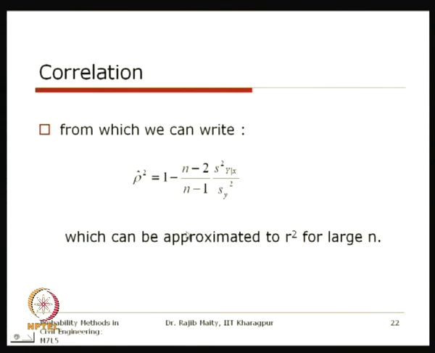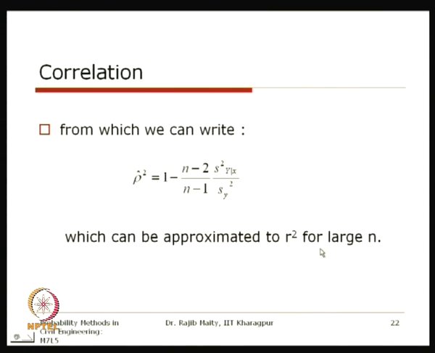This is the final expression that we get, which can be approximated. So, for large n, or for any n if we consider this factor to be multiplied, this can be approximated to r square.